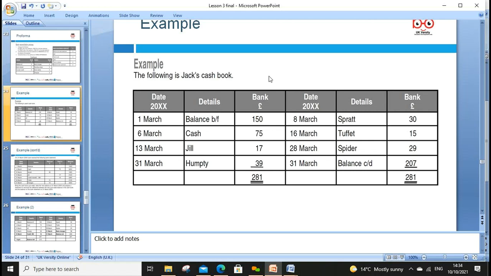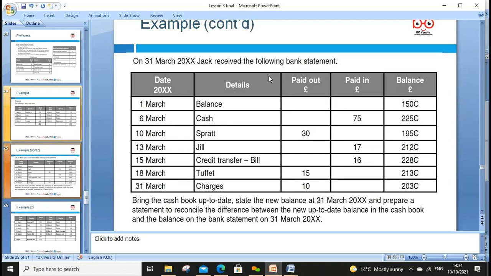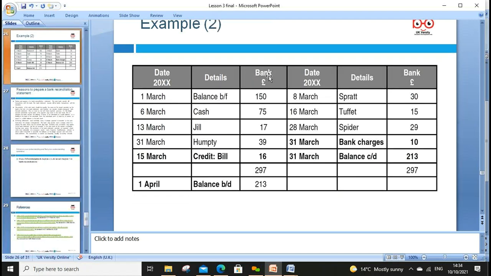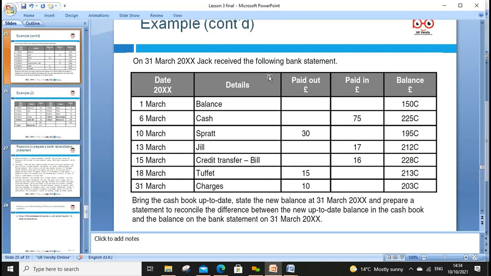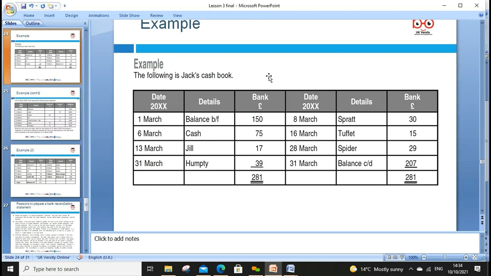Okay, so here is an example again. We have the cash book balance showing 207, and the bank statement showing 203. So there is a difference. Looking at the bank, there were these 16, 10 and 200, so that should be 297.